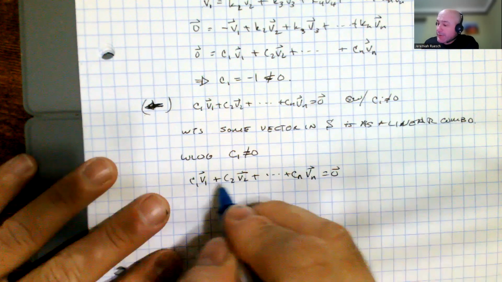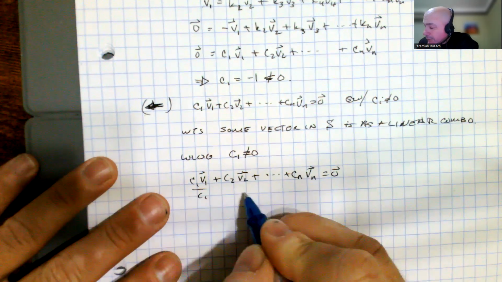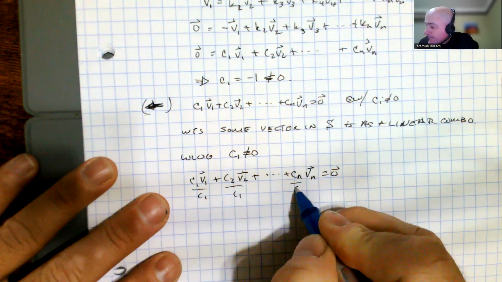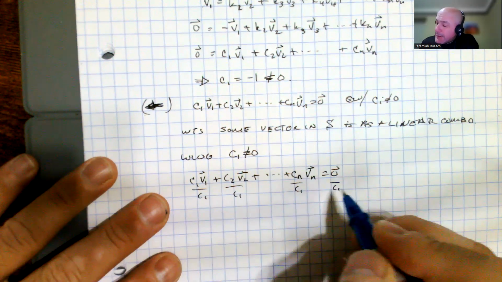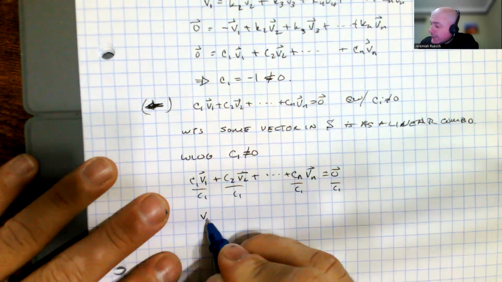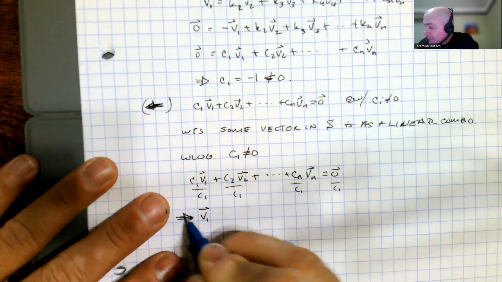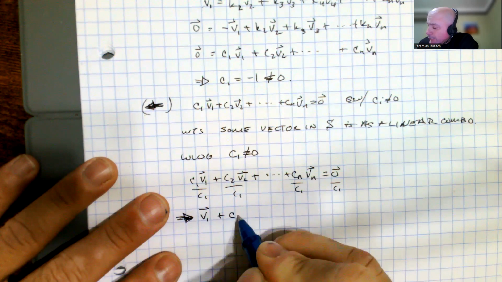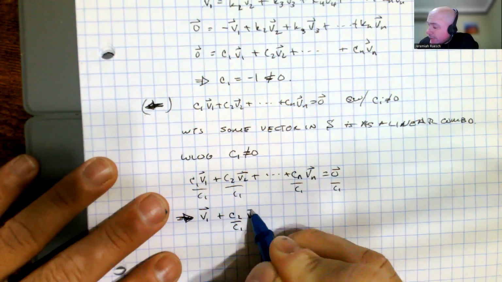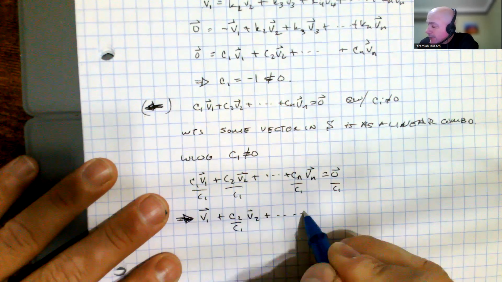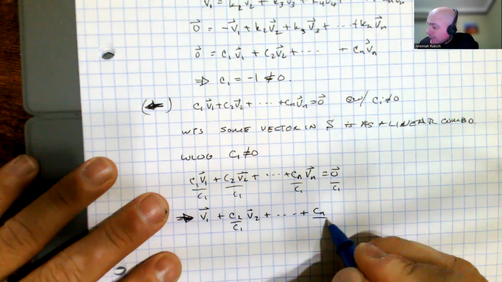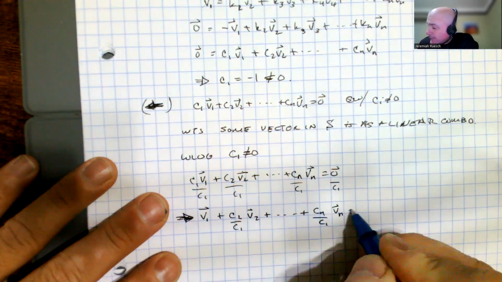Since c1 is not equal to 0, we can divide each of these terms by it. That allows us to write v1 plus c2 over c1 v2 plus dot dot dot plus cn over c1 vn.